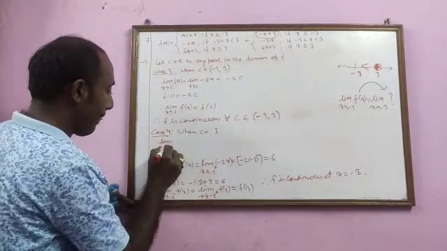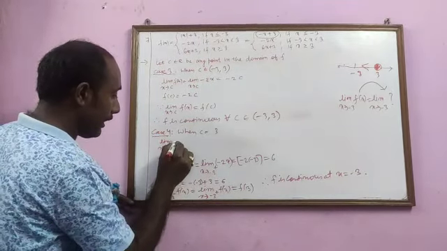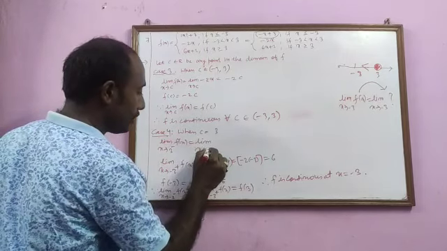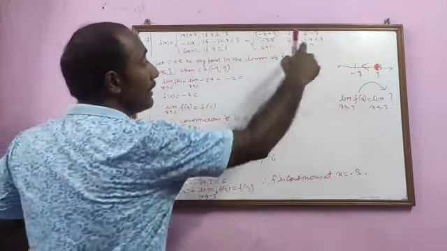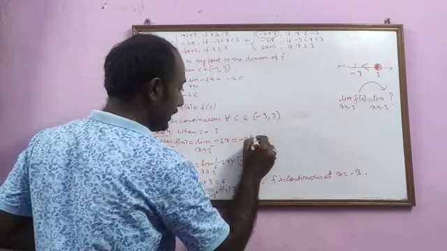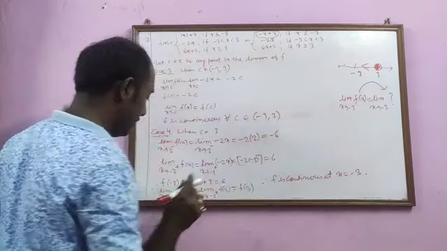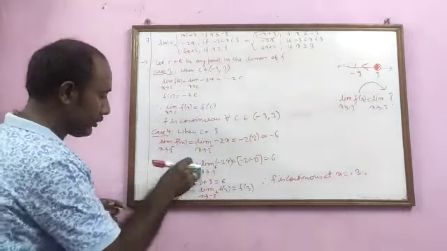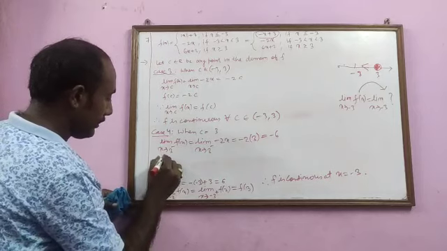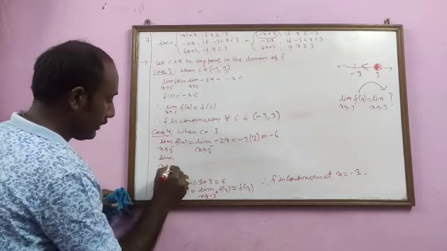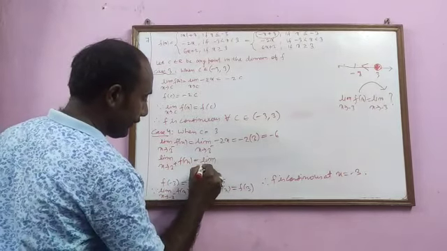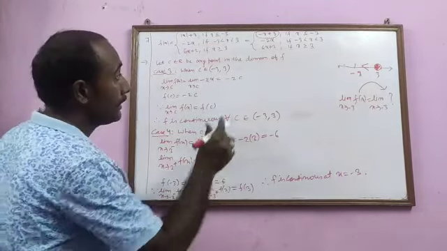limit x tends to 3 minus of f(x), that is limit x tends to 3 minus, less than 3. So less than 3 is this part, minus 2x, this is minus 2 and x is your 3, minus 6, and limit x tends to 3 plus of f(x) is equal to limit x tends to 3 plus, greater than 3.